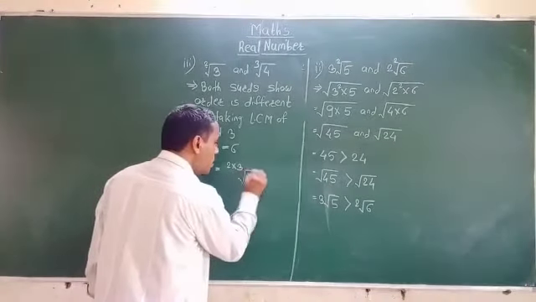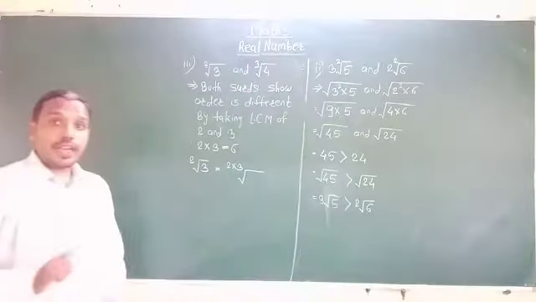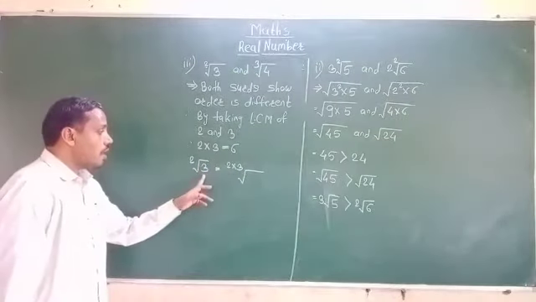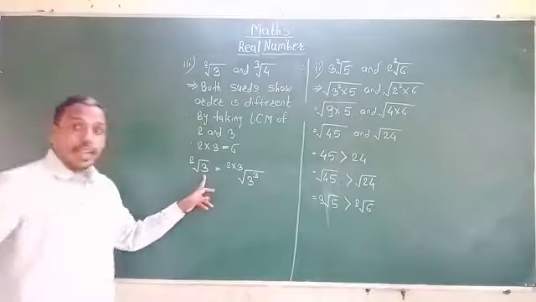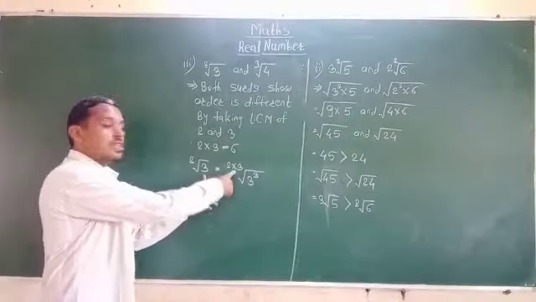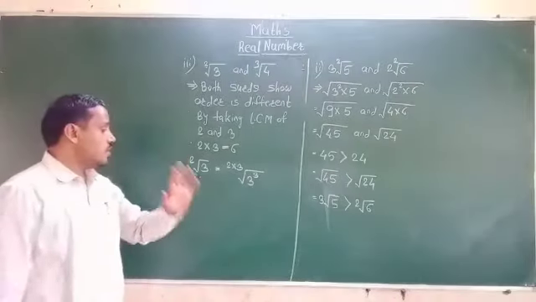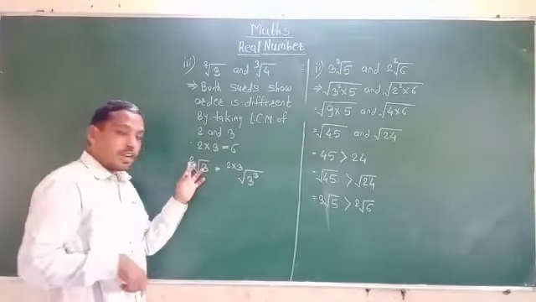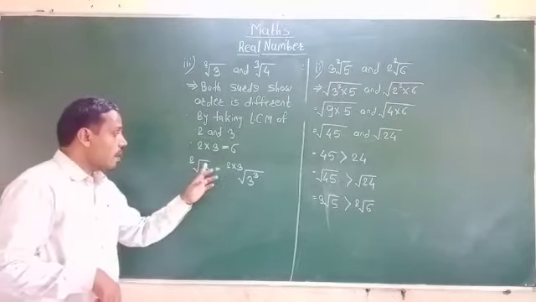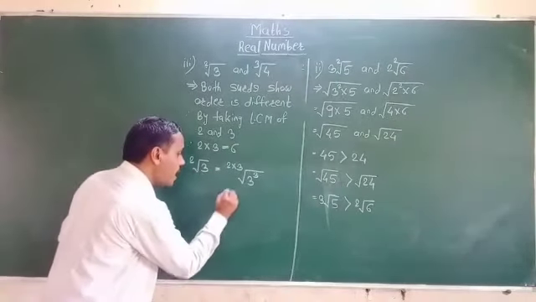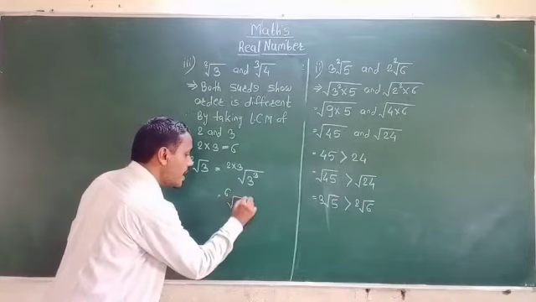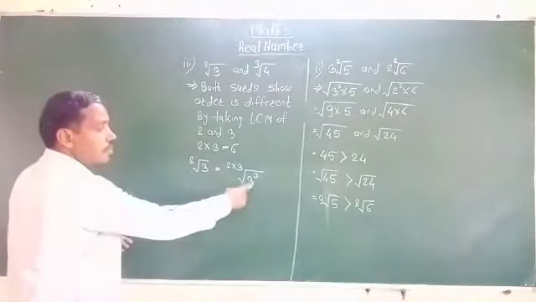We not only multiply the order by 3, we also take the third power of the radicand 3, and then we get the new surd with order 6.